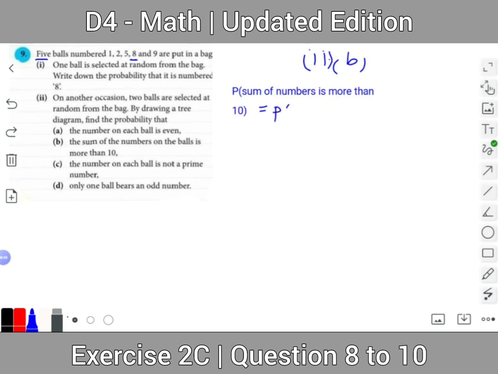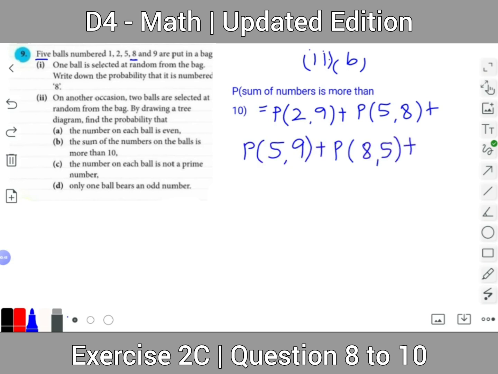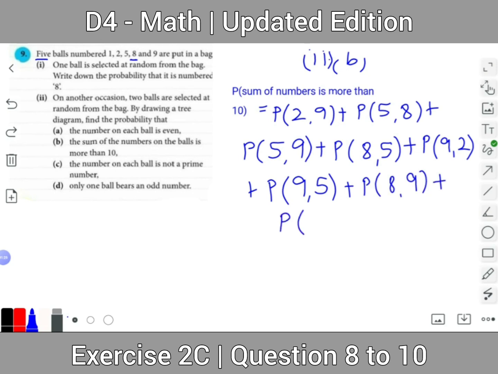So here we have the probability of 2 and 9 plus probability of 5 and 8 plus probability of 5 and 9 plus probability of 8 and 5 plus probability of 9 and 2 plus probability of 9 and 5 plus probability of 8 and 9 plus probability of 9 and 8.